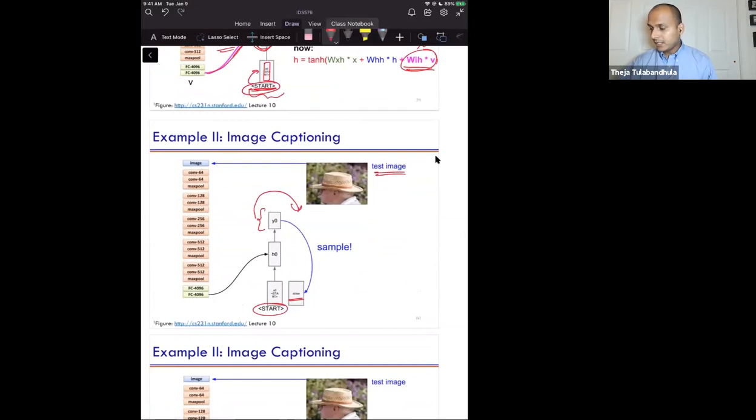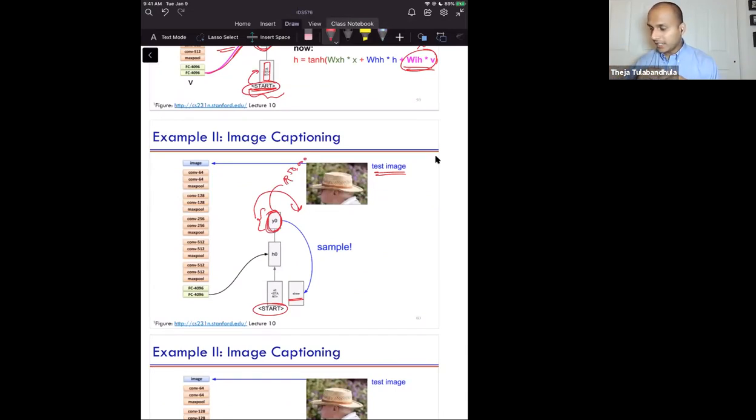At test time, since we have to produce a caption, the output at every time step is actually a distribution over words. So if your vocabulary size is 50,000, then your y-naught is supposed to be 50,000 dimensions. Each coordinate in y-naught is the probability that the first word in the caption is something like straw, for example.